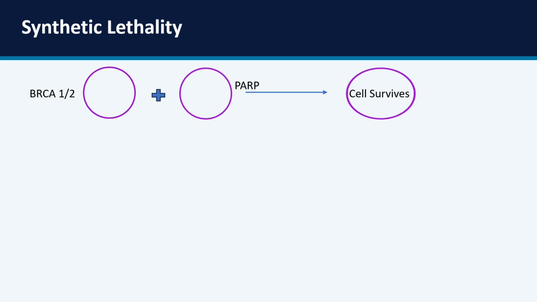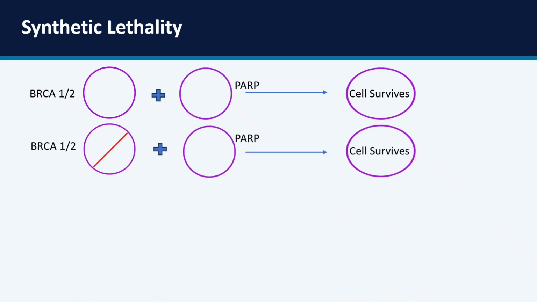So let's discuss this synthetic lethality in a dramatic way. We have BRCA as well as PARP: the cell will survive. There is BRCA deficiency, but we have PARP: the cell will survive through the single-stranded break repair mechanism, but there will be genomic instability.